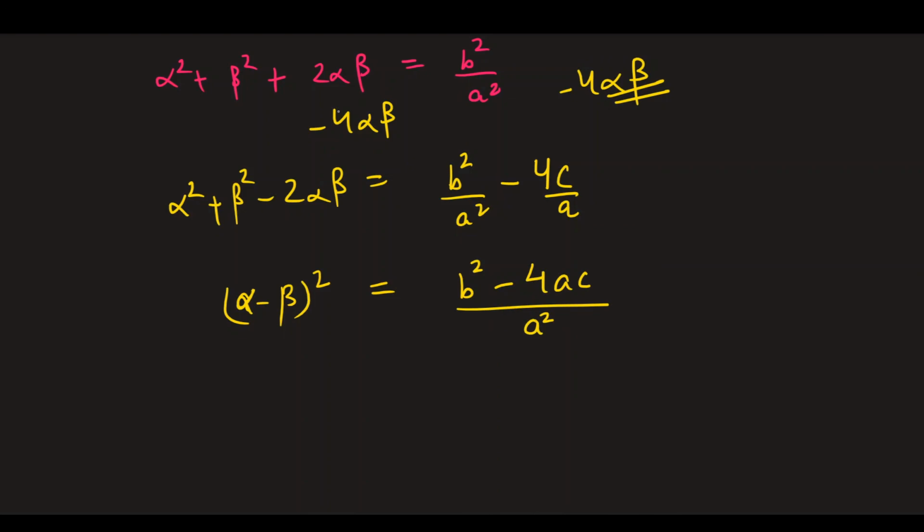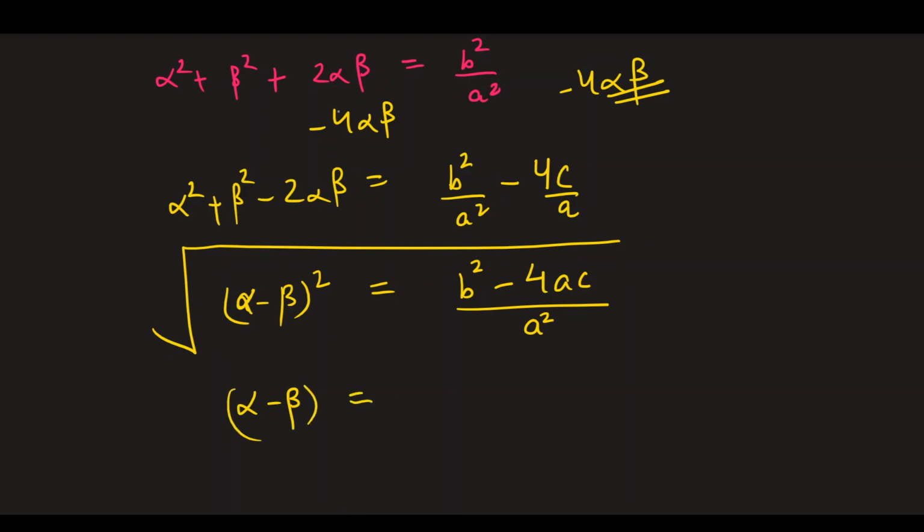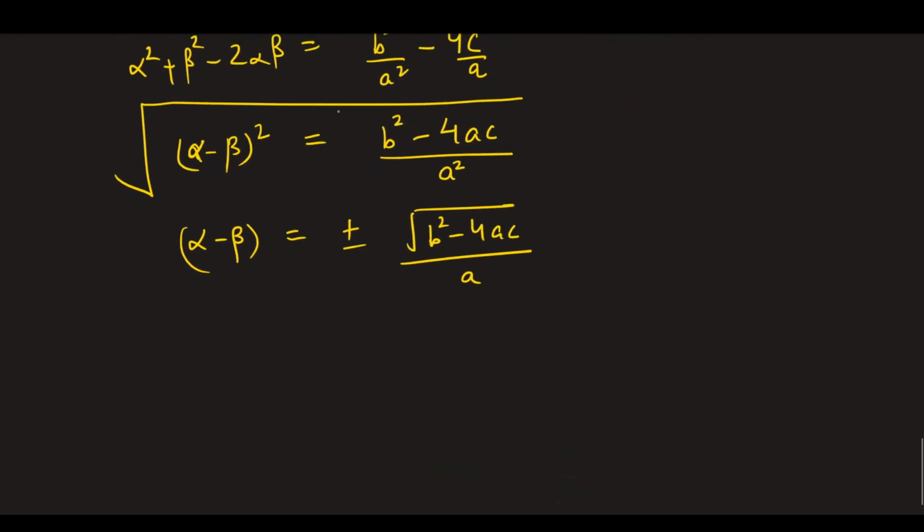So square root both the sides, we get alpha minus beta is equal to plus minus root of (b square minus 4ac) upon small a. Now what is this?